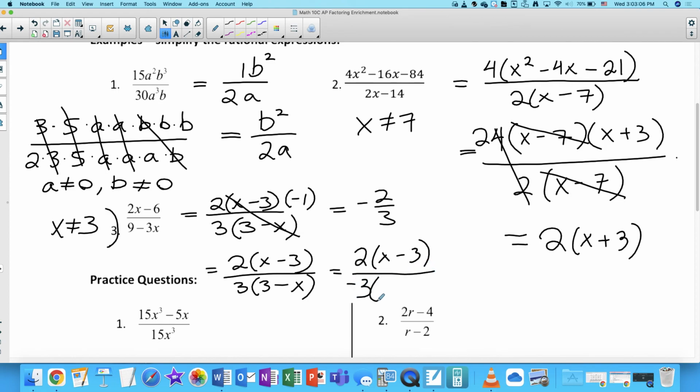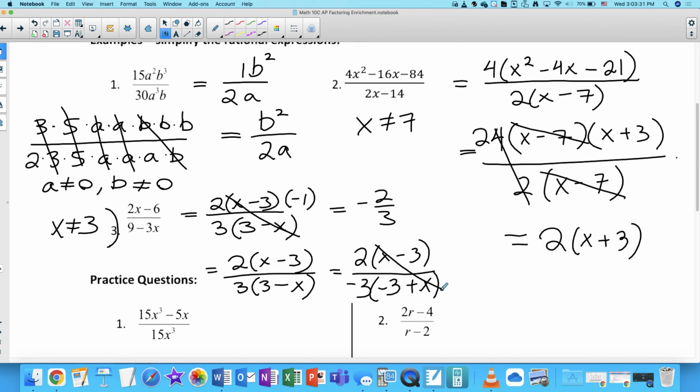So negative 3 times negative 3 equals 9. And negative 3 times positive x is negative 3x. And now the factors are identical. And so when I cancel them, I get 2 over negative 3, which is the same as negative 2/3. Okay? And you can do it either way.